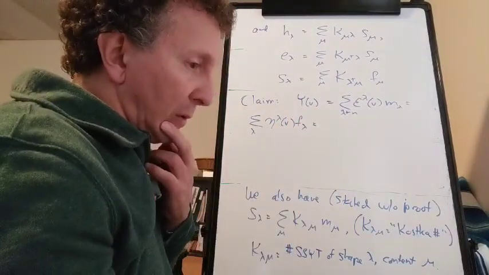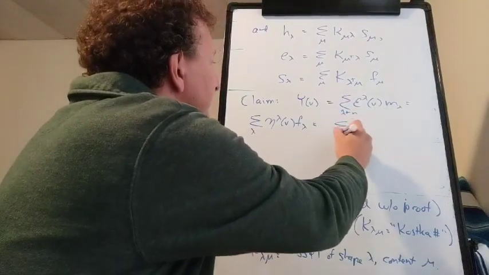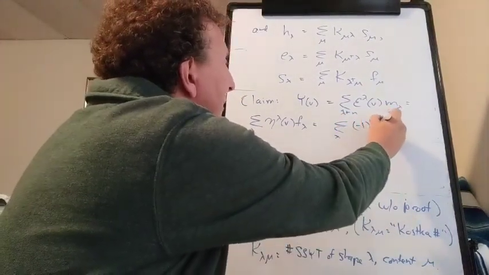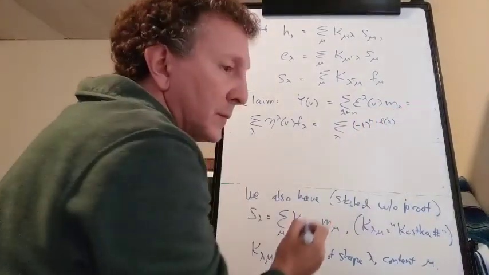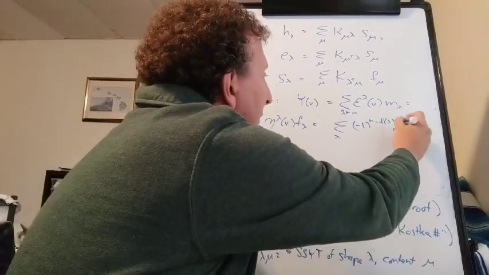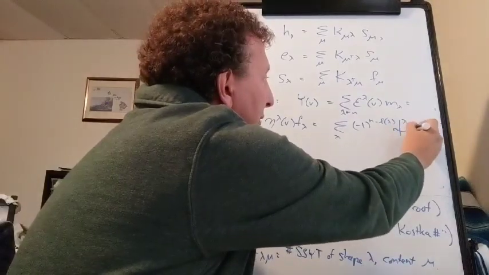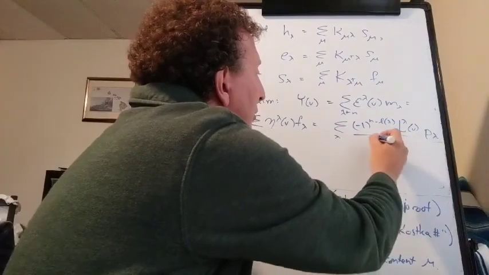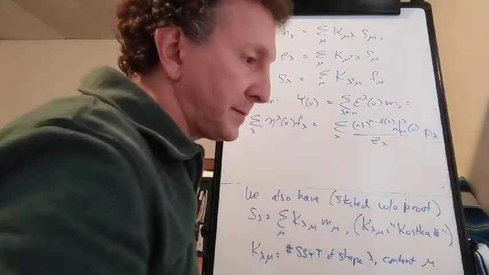And if we expand it in the power sum basis, we get negative 1 to the n minus length of lambda psi lambda of v p lambda all over z lambda.